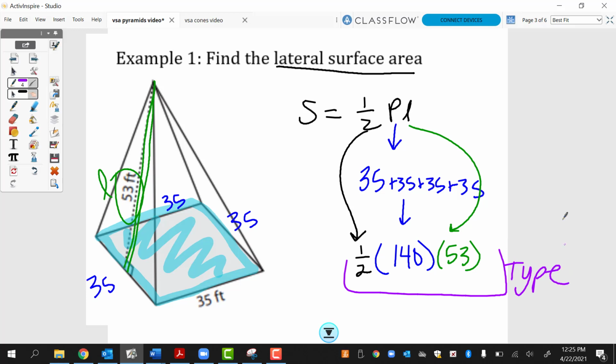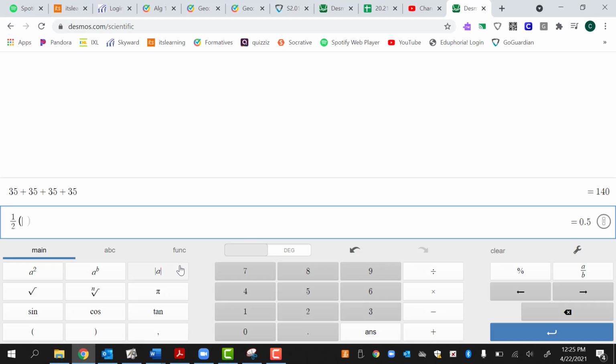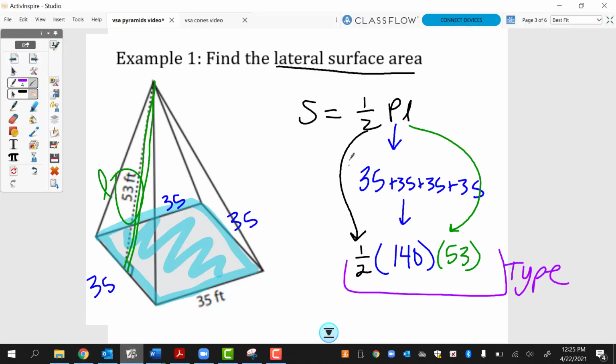So 1/2 times 140 times 53, and we get 3710. So that is my lateral surface area, 3710, was the answer, okay?